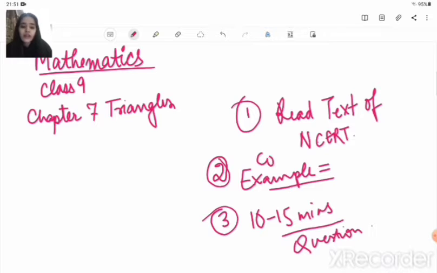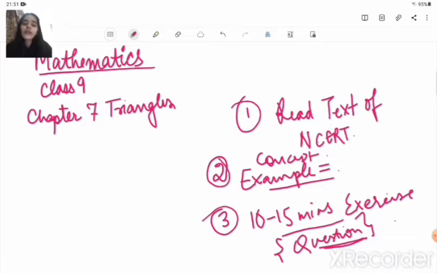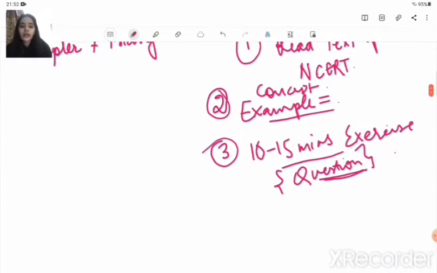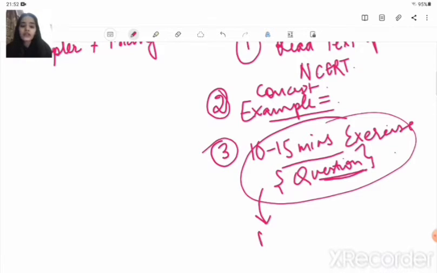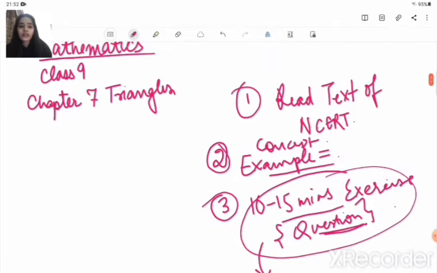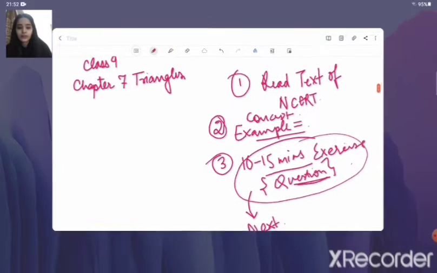We'll do the concept, then the examples, and then in 10 to 15 minutes we will try to check the questions from the exercise. If you have any doubt, you can ask in the next session; at the starting of the next session we will consider these doubts before moving towards the next exercise. All right, so let's start with reading the text of NCERT first.